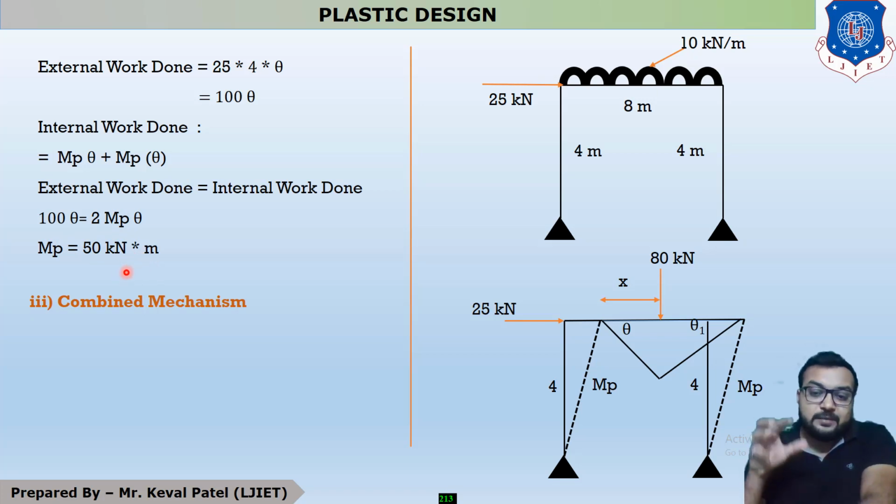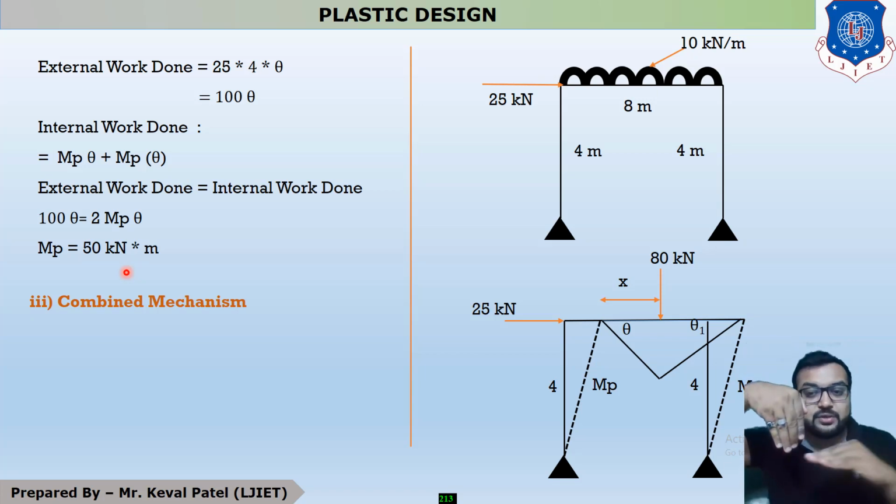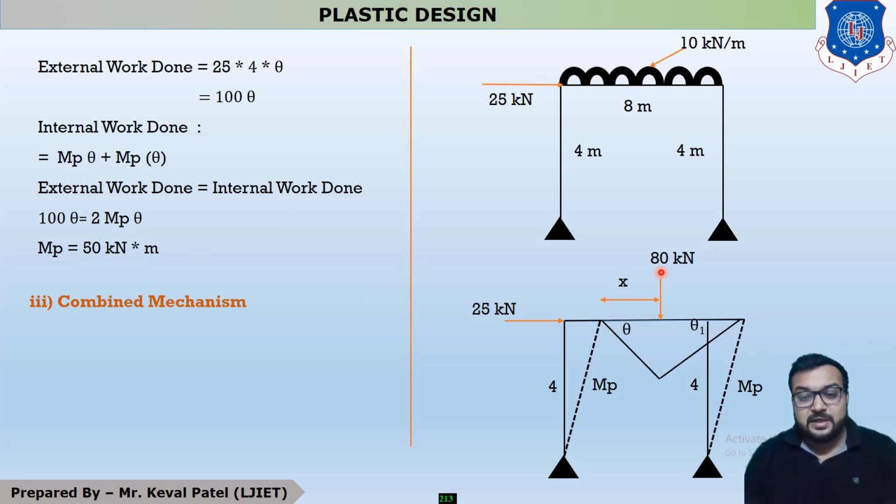Now the very most important term is combined mechanism. So you all know that whenever UDL is there, and at the same time vertical load, UDL and horizontal load are acting simultaneously, then your frame deflects like the shown figure, and it is not compulsory that this point load is acting exactly at the center.